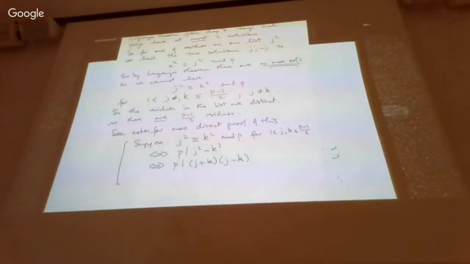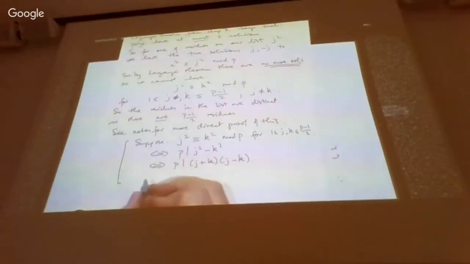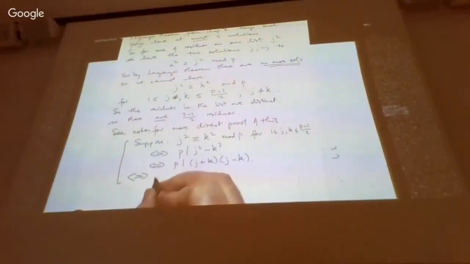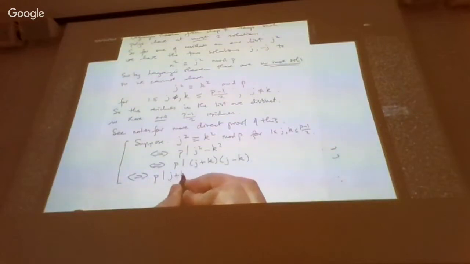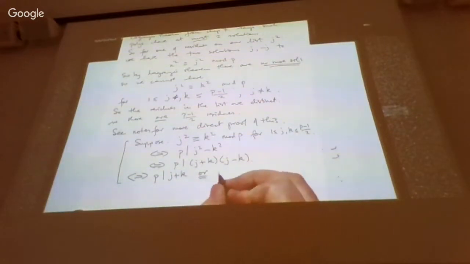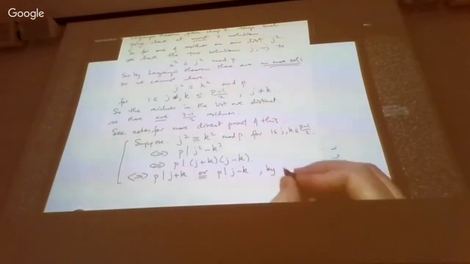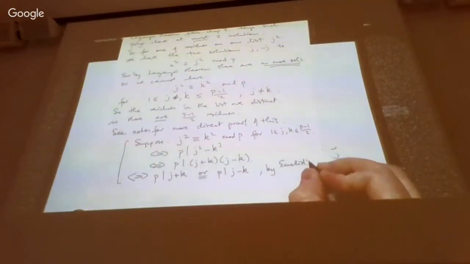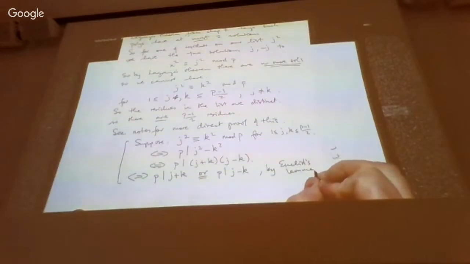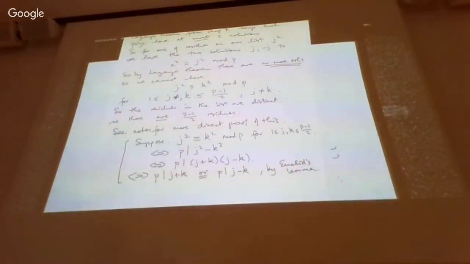P isn't any old number, p is a prime number. Quintessential property of prime numbers is that if they divide a product, they divide one of the numbers. Euclid's lemma, we call that, didn't we? Prime numbers that divide a product must divide one of the factors. It isn't always true for composite numbers.